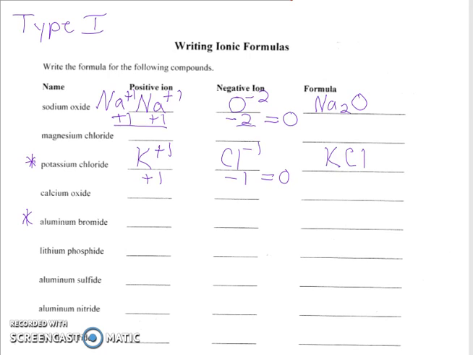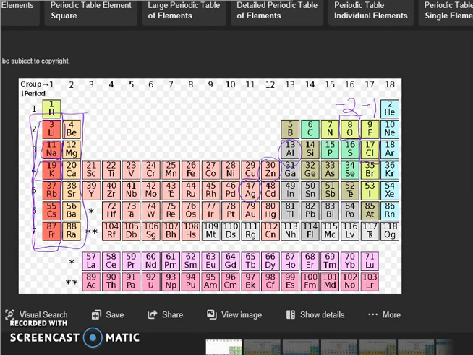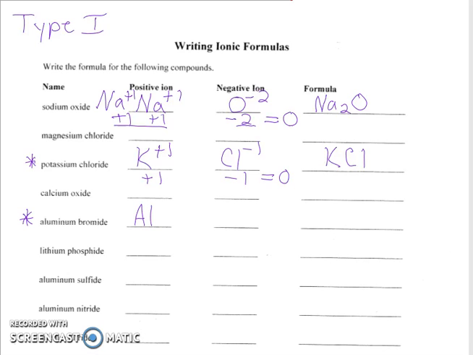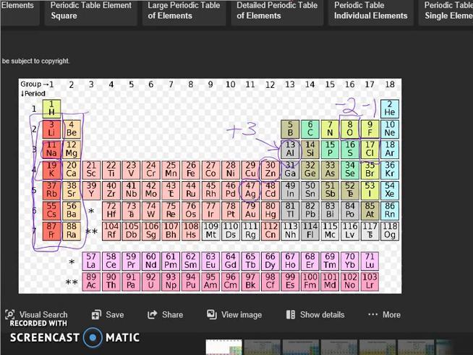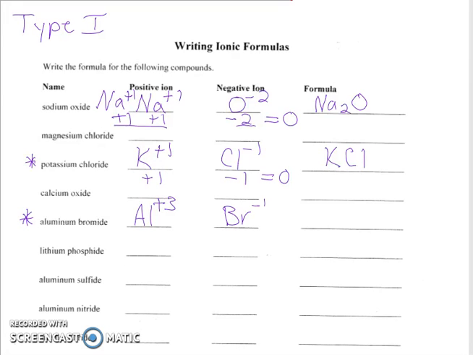Let's try aluminum bromide. Aluminum symbol looks like this. And when we look at the periodic table, we see it right here. And aluminum always loses 3 electrons. So we can do a +3. Bromine, when we look at the periodic table, it's right here under chlorine. So it gains 1 electron.